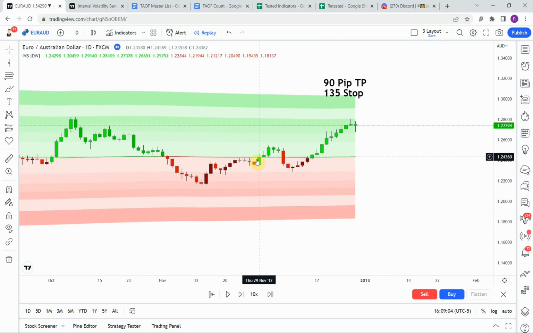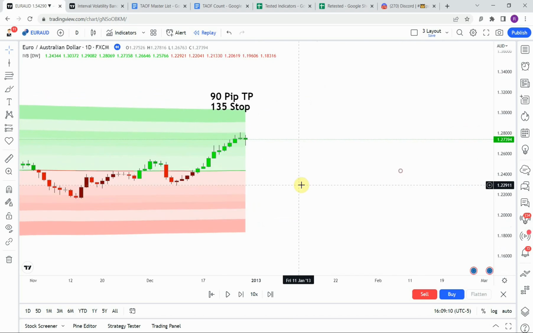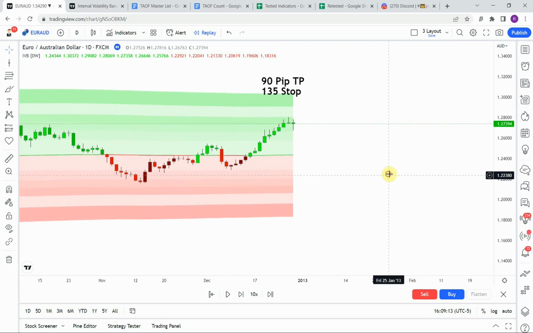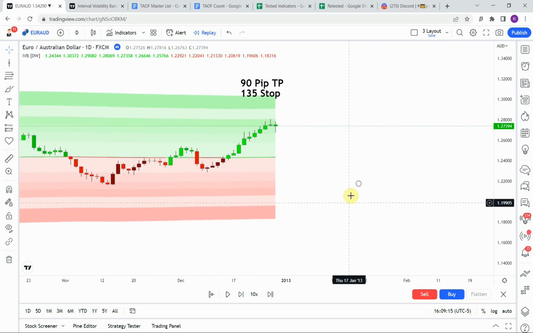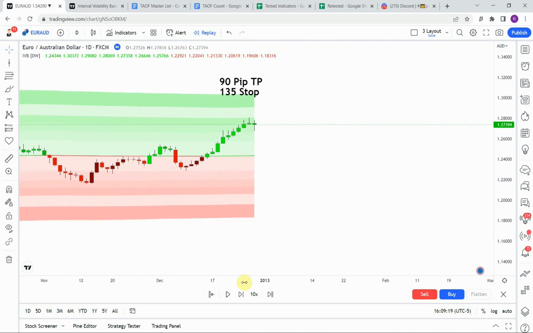When we get a green candle, that's a sign of a break to the upside of that midline, and that's going to be a signal to go long. So again, that's how we're going to test it on this one. We might try this a few different ways eventually, but we'll try it this way and see what we can get. Let's go ahead and get on with the testing.